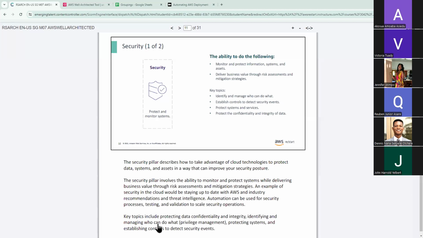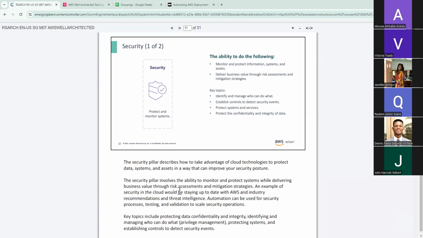So I like to explain things in layman terms. If you decide to use AWS and you want to use it properly, you must be aware that there will be threats, there will be breaches, which you can prevent, but you would have to find a way to monitor your systems.